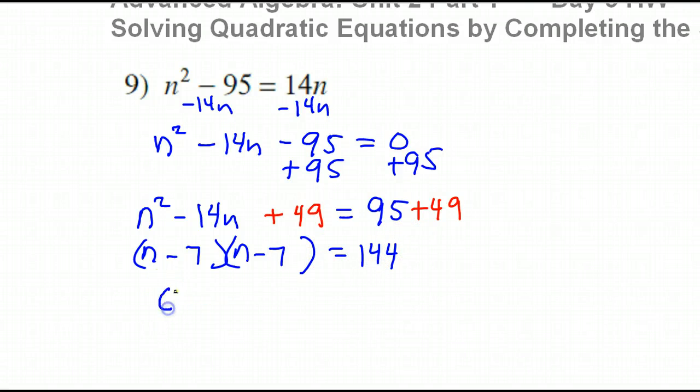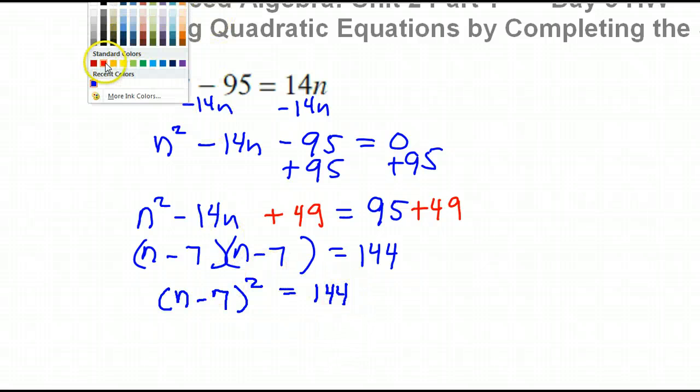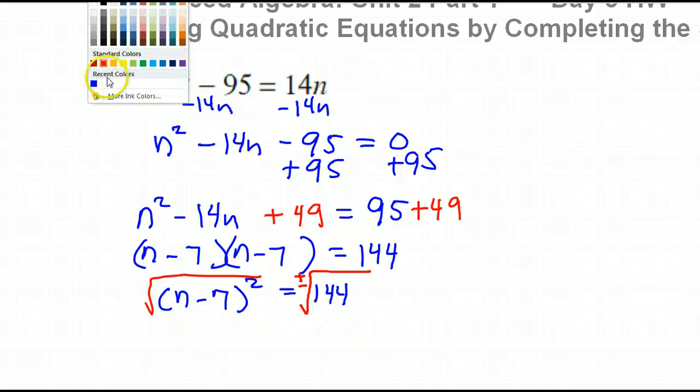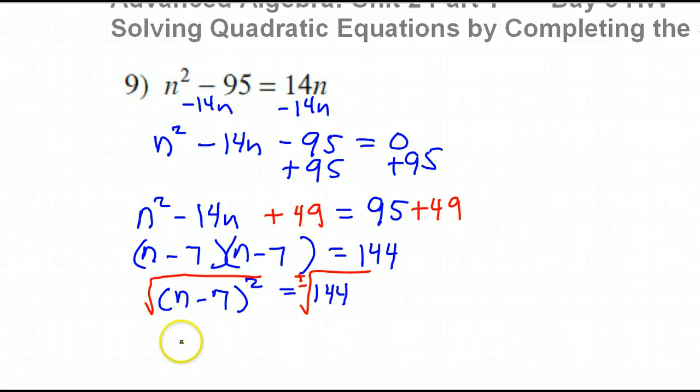So I can write this as n minus 7 squared, and that's equal to 144. Then I can take the square root of both sides. Do not forget your plus or minus. So that will give me n minus 7 is equal to plus or minus 12.